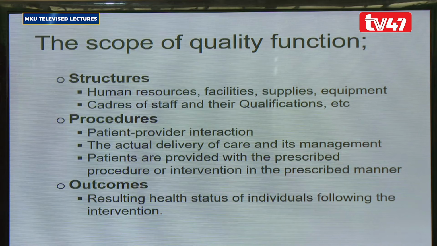And lastly, we look at the outcomes. The outcomes we look at are the health status of our patients after they have received those services. Generally, in society, are the people satisfied with the services that are provided?